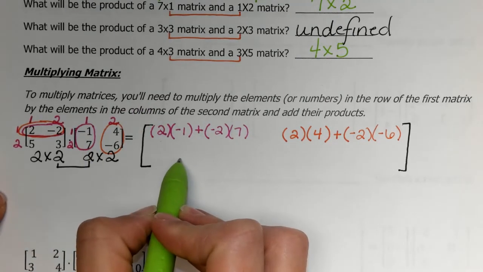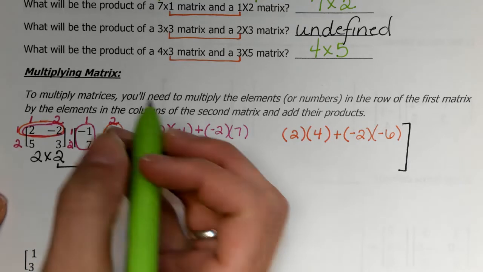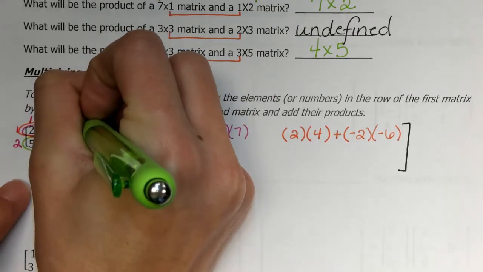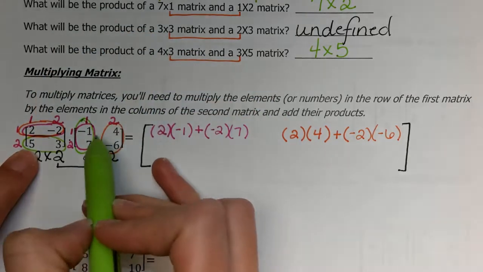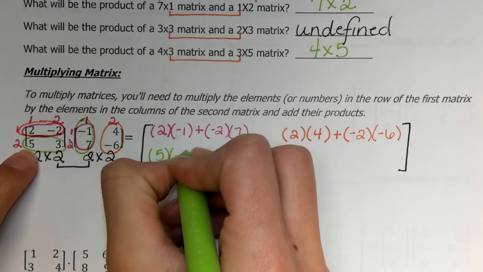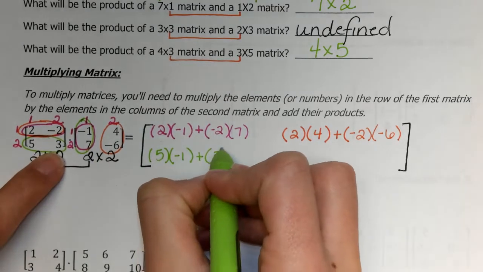So then now I move on to this. Now this is my second row, first column, right? So that's what I multiply. Second row, first column. Okay? So I'm going to multiply first times first, so 5 times negative 1 plus 3 times 7.